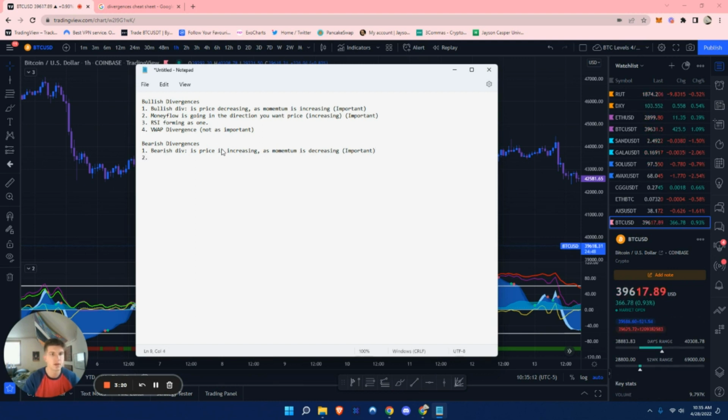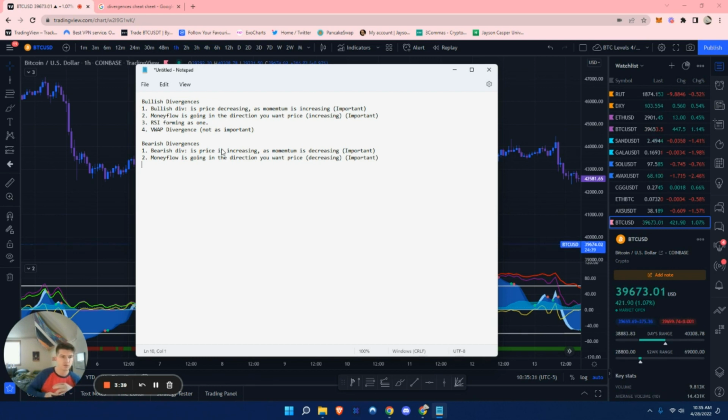Step 2, again, is looking at the money flow. So money flow is going in the direction, I type right now, you want to see it decreasing. And this is also important. This adds a lot of power to the divergence. As you can see, when we were looking at examples, it added like 4 times the amount of power to it. And then third, again, not as important, but RSI forming as one.